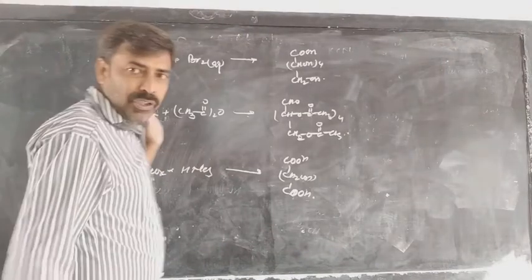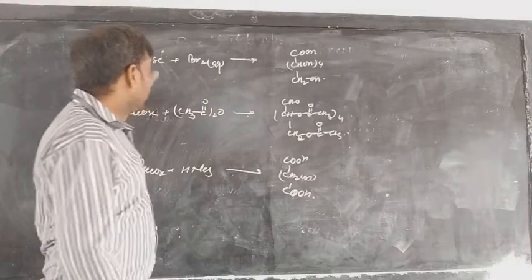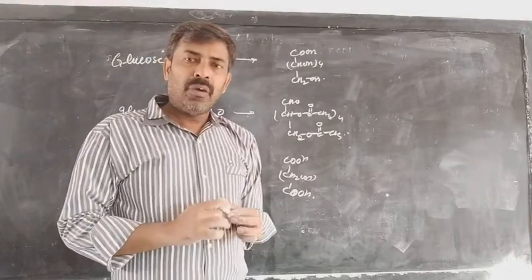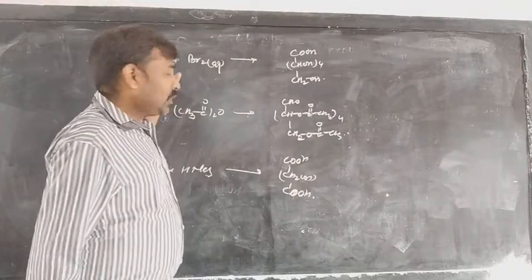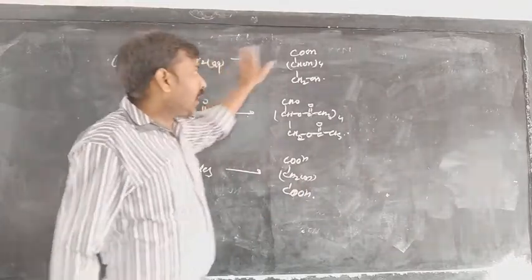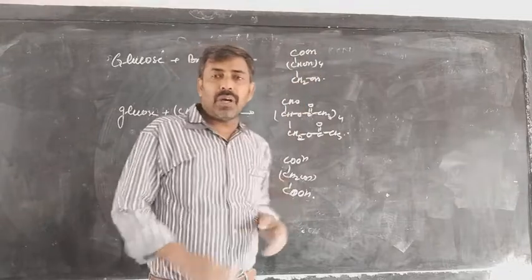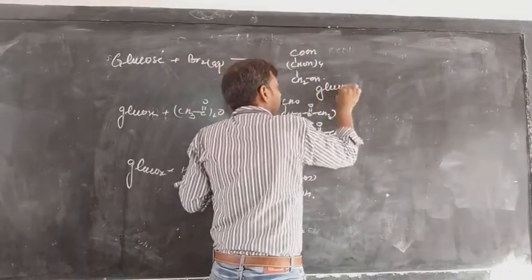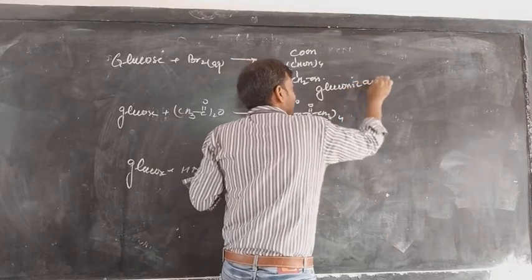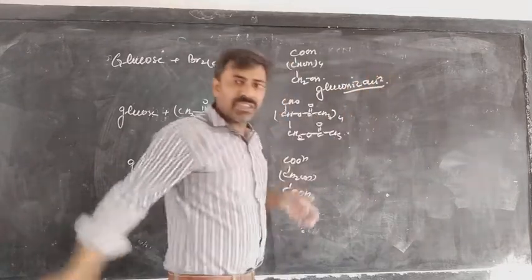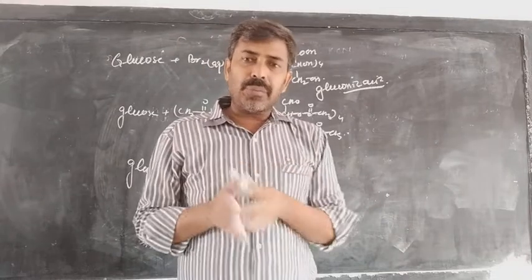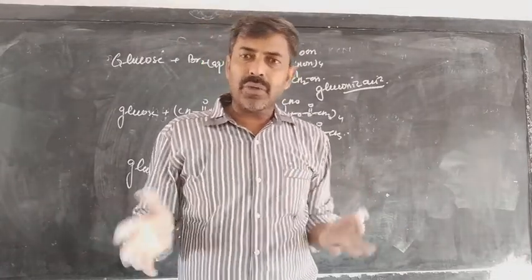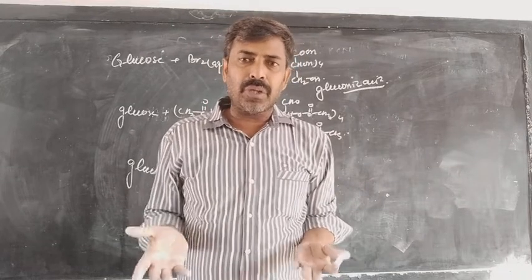Now we are seeing another reaction, the reaction of glucose with bromine water, a mild oxidizing agent. When glucose is treated with bromine, the aldehydic group converts into a carboxyl group. That means a compound called gluconic acid is formed, suggesting that the carbonyl group in glucose is not a ketone, because a ketone cannot undergo oxidation to form a carboxylic acid.